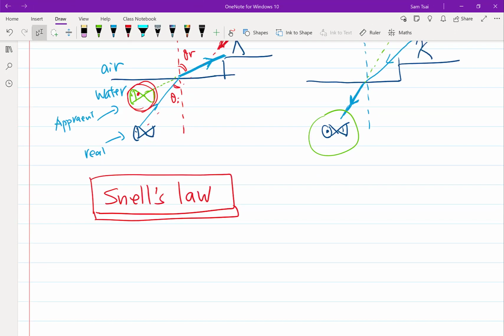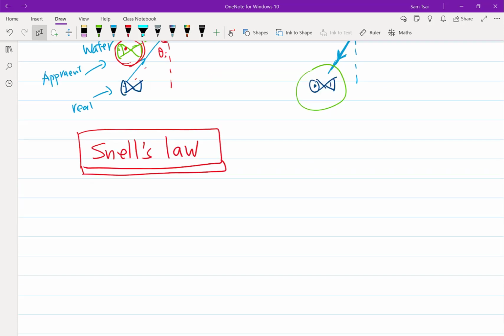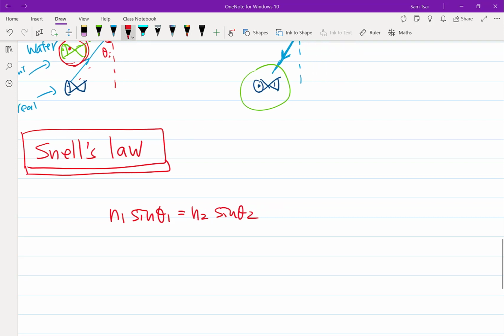We don't need to know how we get this law, but basically Snell did a lot of measurement, a lot of calculation, and he found the conclusion. The conclusion is n1 sine theta 1 equals n2 sine theta 2. What does that mean? Basically, here's the boundary and this is the normal, and I've got a light incident ray coming here and going to here.